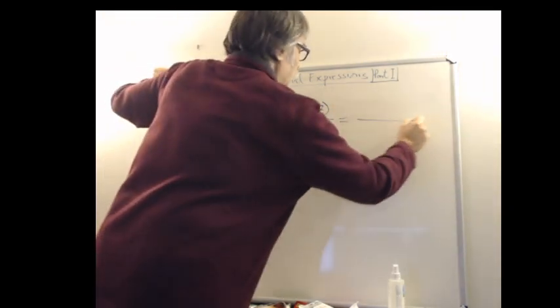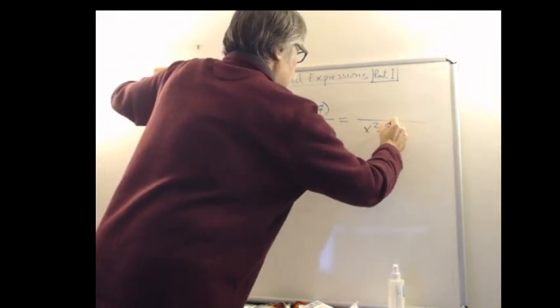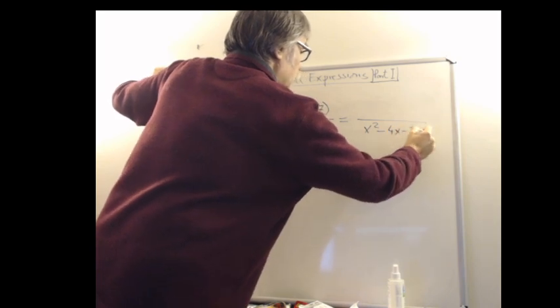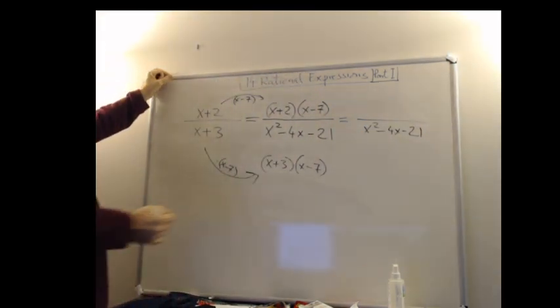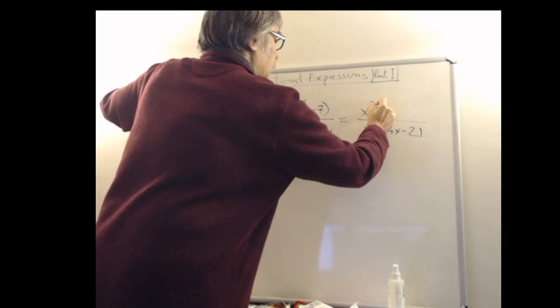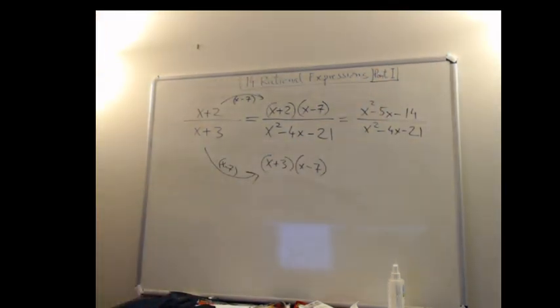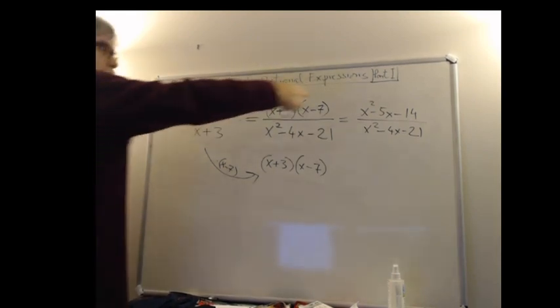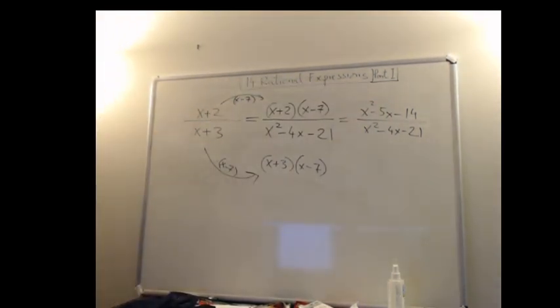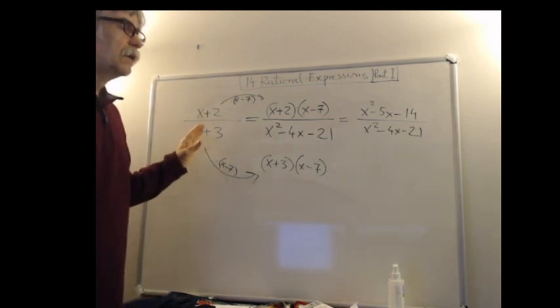On the bottom I have good old x squared minus 4x minus 21. And on the top I have x squared minus 5x minus 14. Surprise, surprise, this guy and this guy are, I should say, almost identically equal. There is one case when they are not equal, because they actually have different domains.